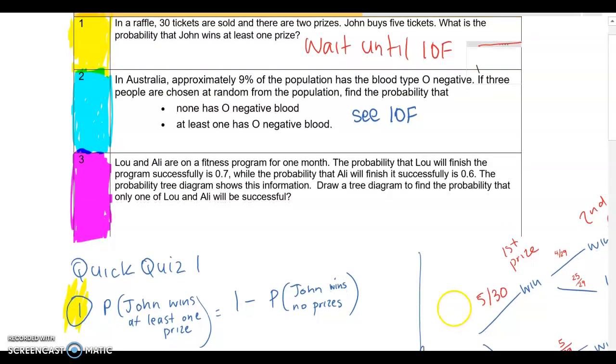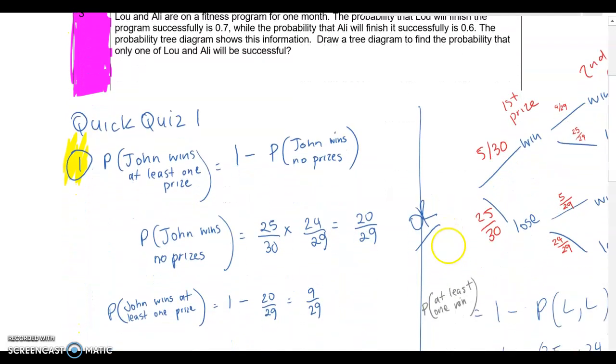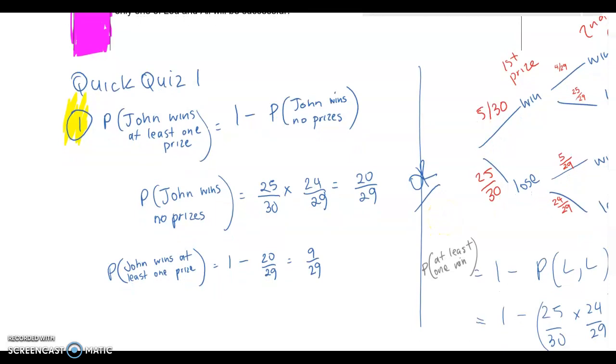Now, the question is saying, what is the probability that John wins at least 1 prize? So remember, when we're looking at those at least questions, it's 1 minus the probability of that not happening. So the probability that John wins at least 1 prize is 1 minus the probability that John wins no prizes.